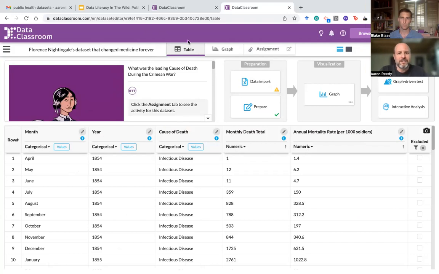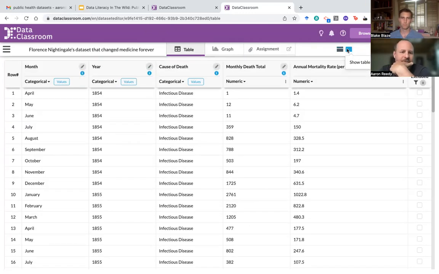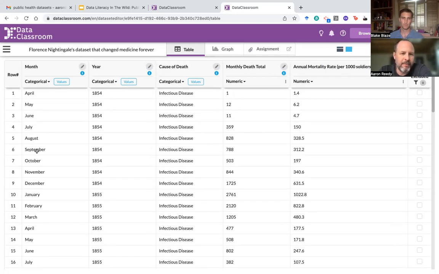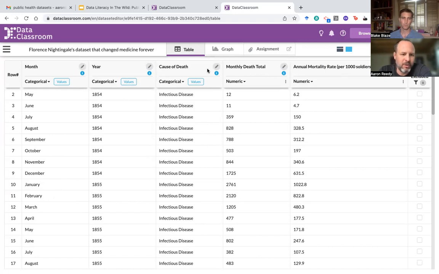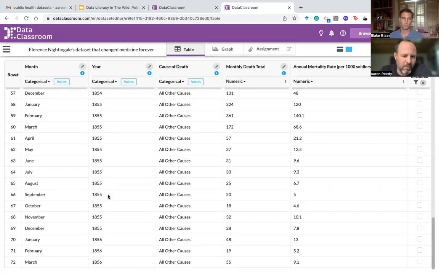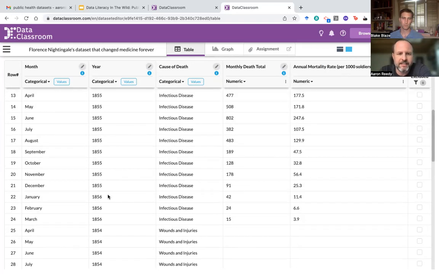There we go. Okay, so I have opened the data set here, and I'll just simplify this. Just looking at the data, the data set consists of these 5 variables. We have the month of the year that the data were recorded in, and then the year the data were recorded in, and it looks like we've got data from 1854 to 1856.